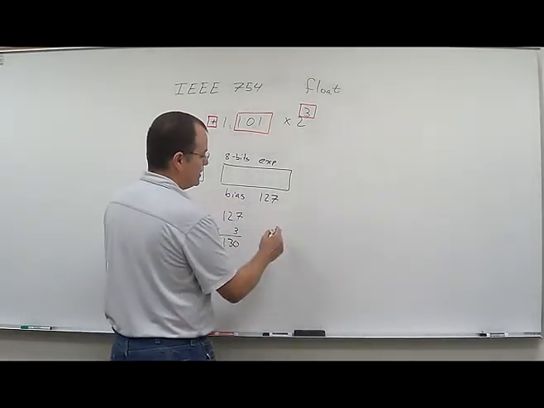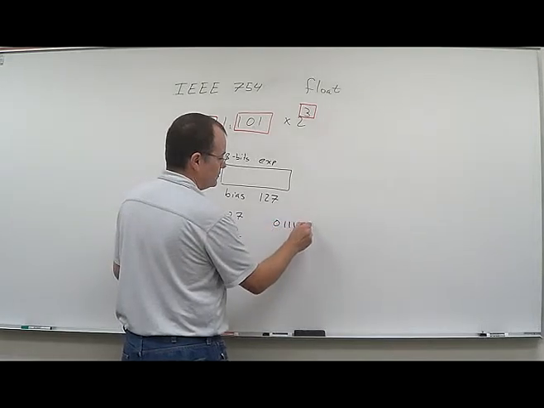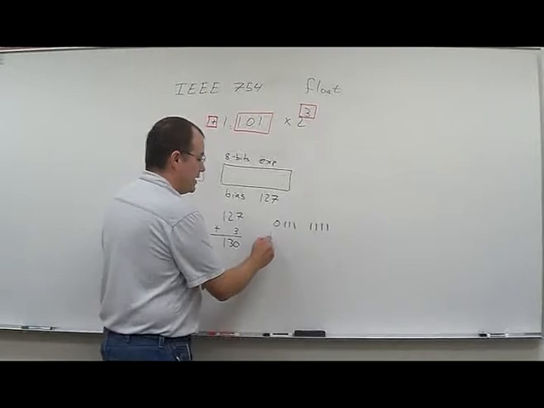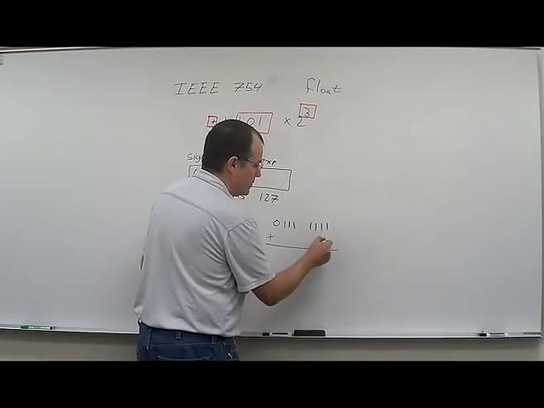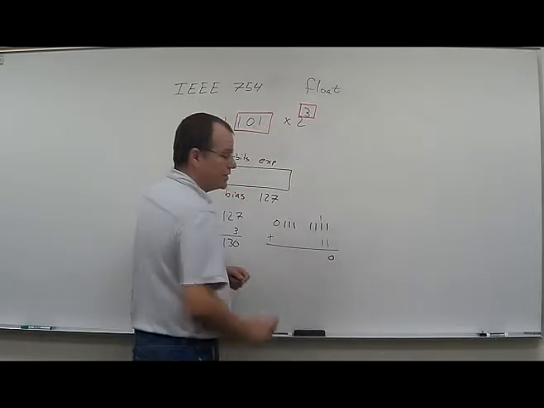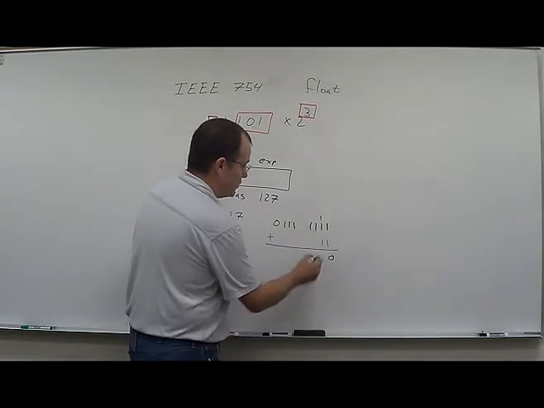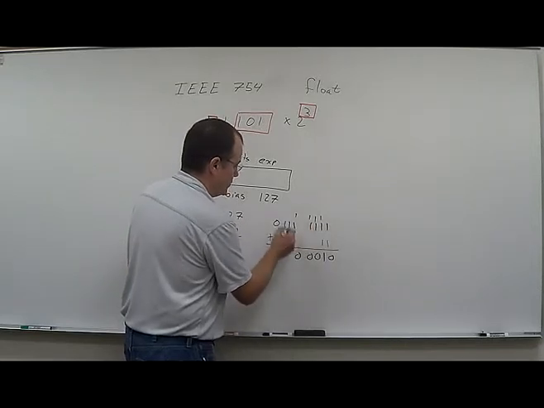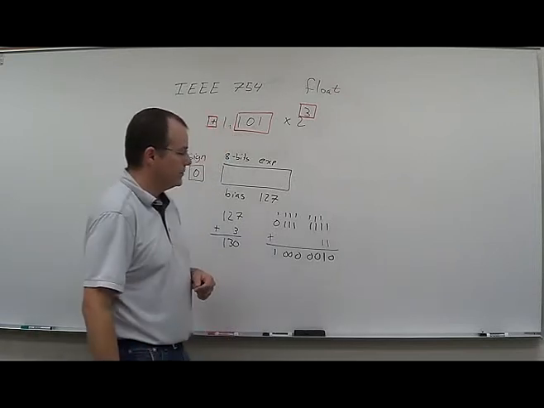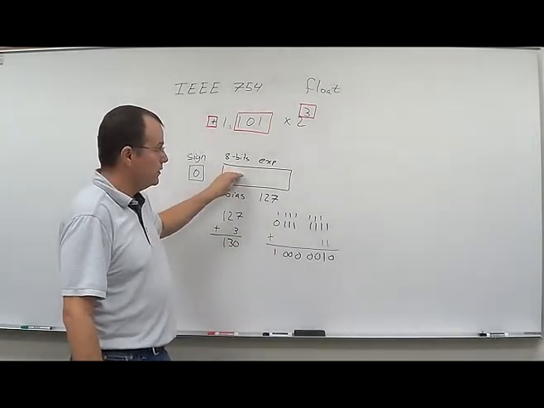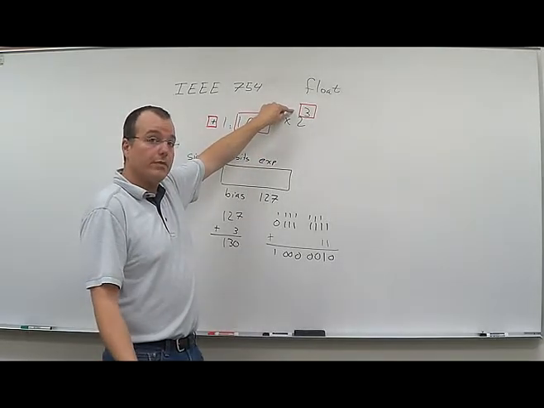If I take 127, which has that bit encoding, and I add 3. 1 plus 1 is 2, which gives me a carry. This is a 3 and a carry. A 2, 2, 2, 2, and a 1. This is actually the bit pattern I want to encode here for a positive 3 exponent.